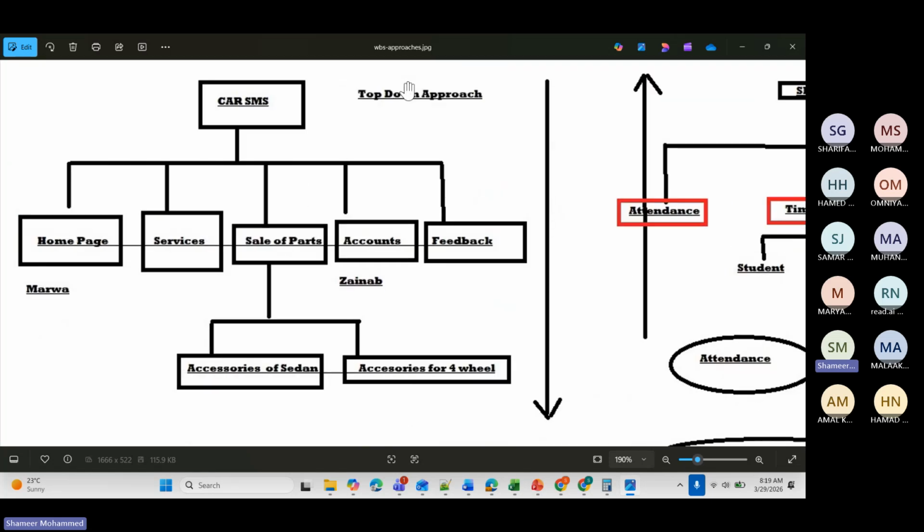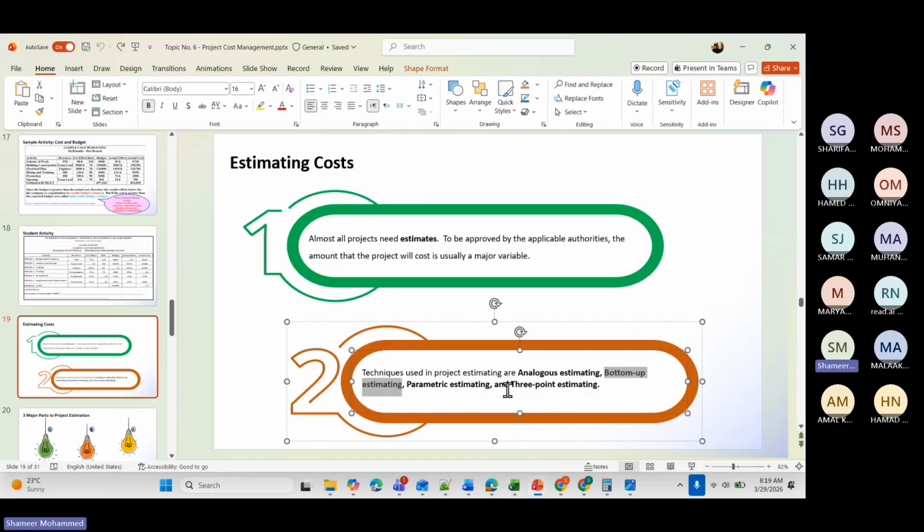The opposite, another one, is top down. You first estimate the cost of the project, then you allocate that amount, say 100,000 real. So 100,000 real, you distribute to homepage, services, sales, accounts, feedback, like this. So these are the different types of techniques before the manager.